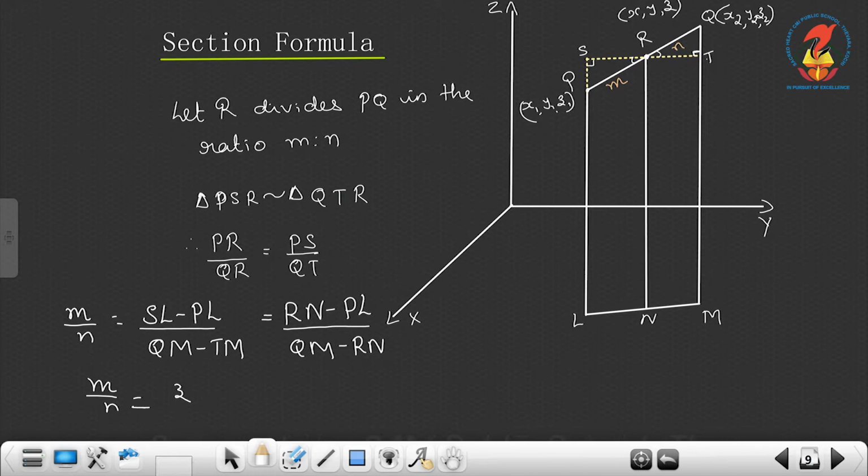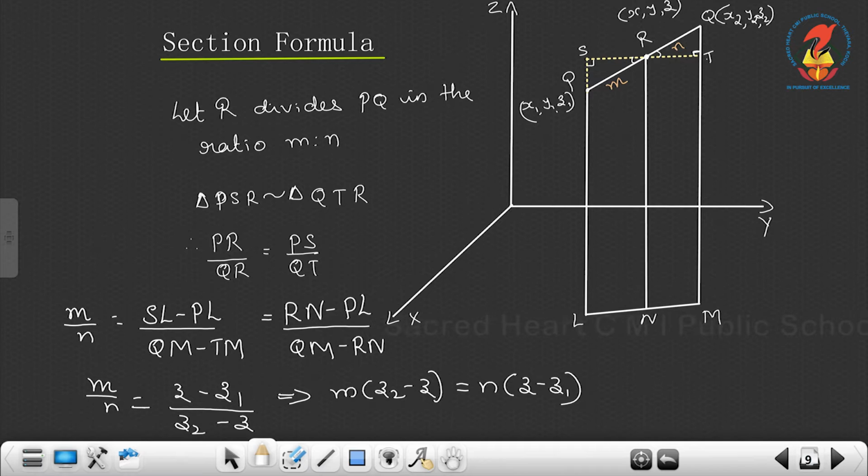Now what is PL? It is equal to the z coordinate of P, that is z1. Now QM, what is QM? That is the z coordinate of Q, that is z2, and RN is z. Now we have to cross multiply. So m into (z2 minus z) is equal to n into (z minus z1), which implies mz2 minus mz is equal to nz minus nz1.